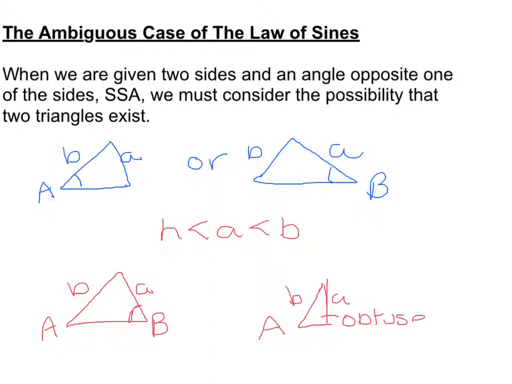Angle B could possibly be obtuse. So that's what we need to discover, and that can happen, again, only when we're given side-side-angle, with the angle not inside of the two sides given.